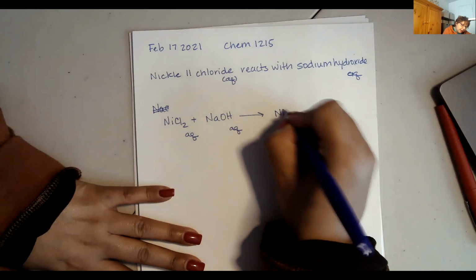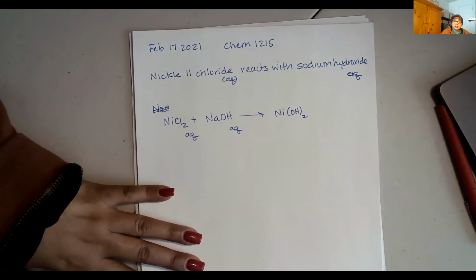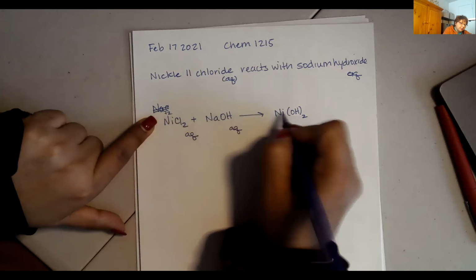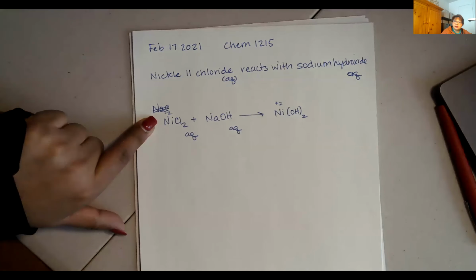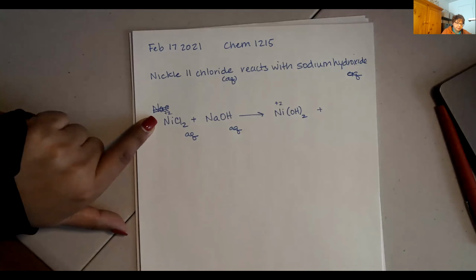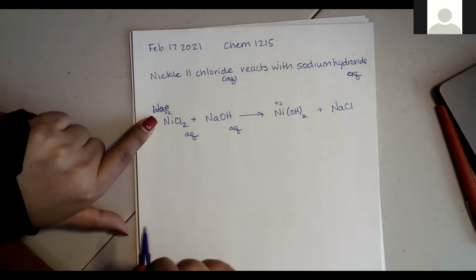Close. Ni(OH)2, because it's nickel 2. So if it's 2 plus on this side, it's 2 plus on that side. So that's one of our products. What's the other product? Sodium chloride? Sure is. Sodium chloride.